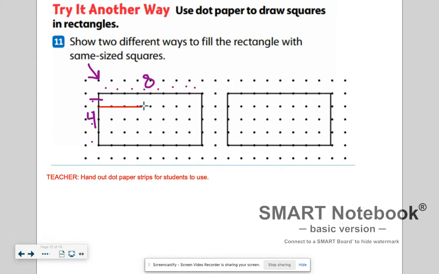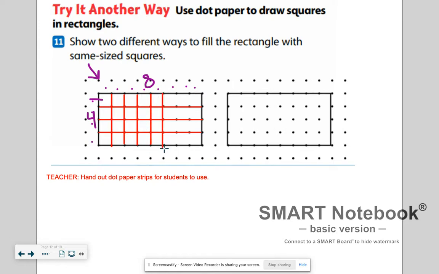One of the easiest ways to do this is just split up the individual squares on the inside. That way it shows 4 rows, 8 columns. So we just bring these columns down. We connect, kind of like connect the dots. Y'all ever played connect the dots?